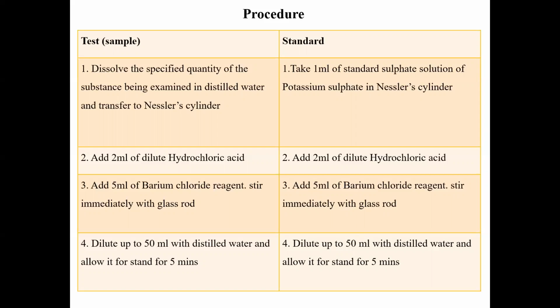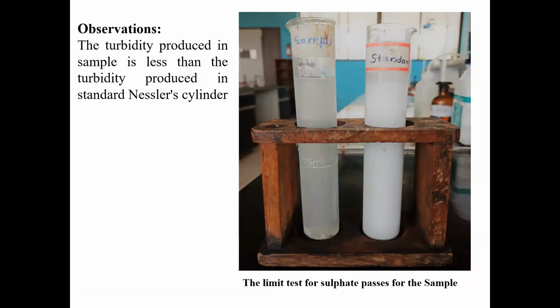After stirring for some time, you have to make up the volume up to 50 ml by using distilled water and keep it aside for 5 minutes. After keeping it for 5 minutes, you have to check the observations.